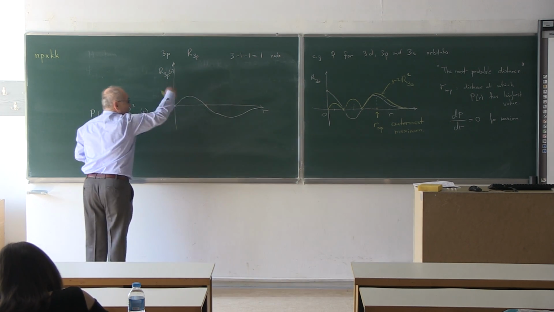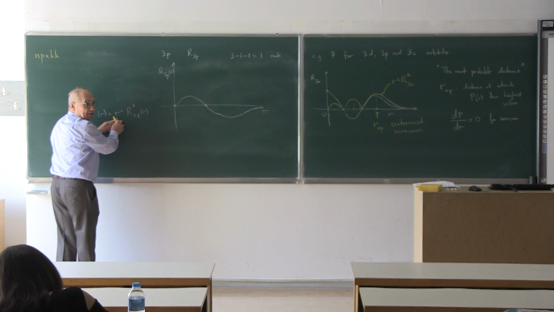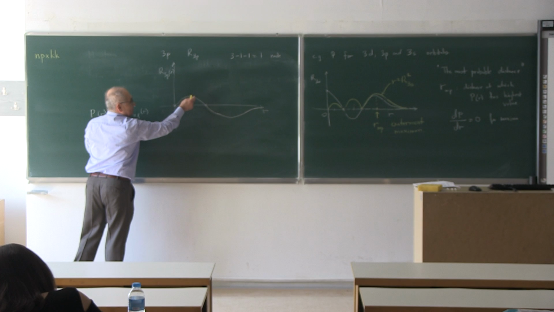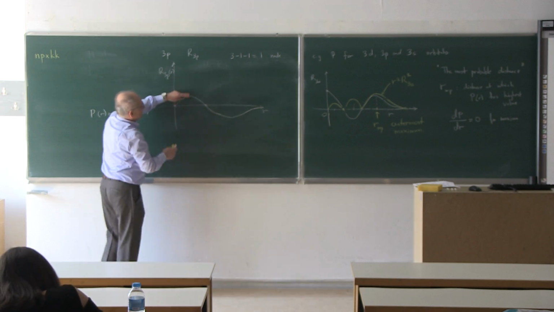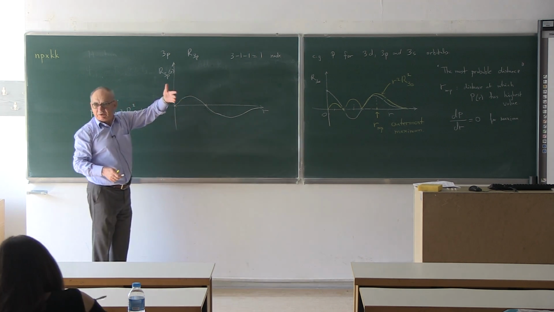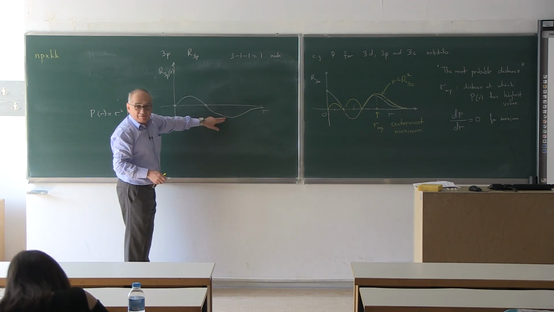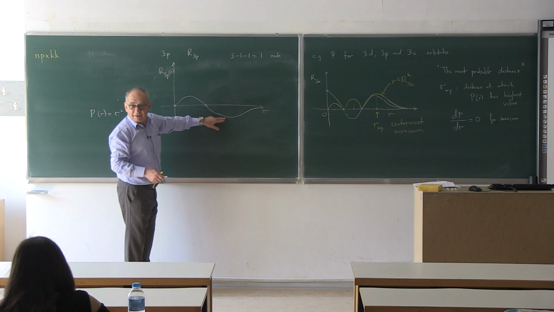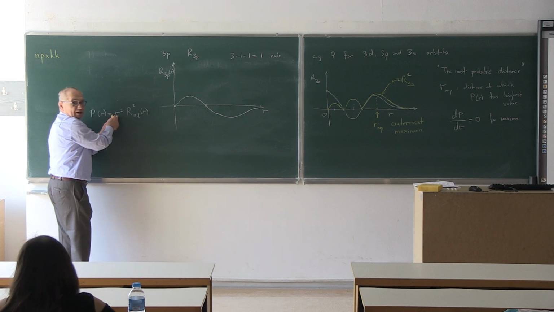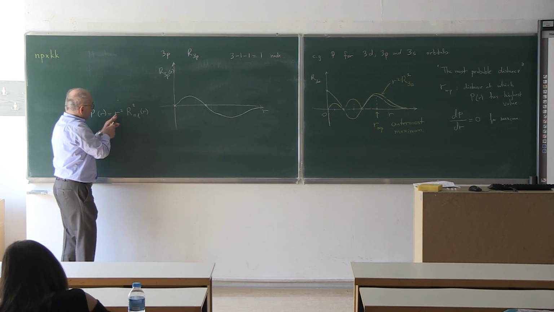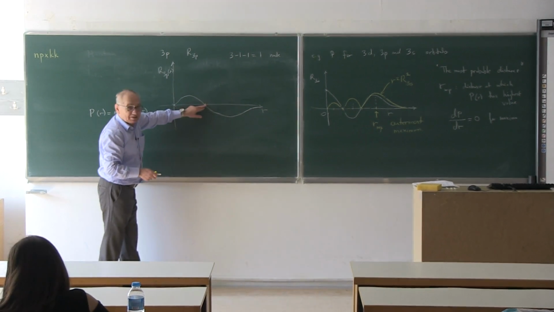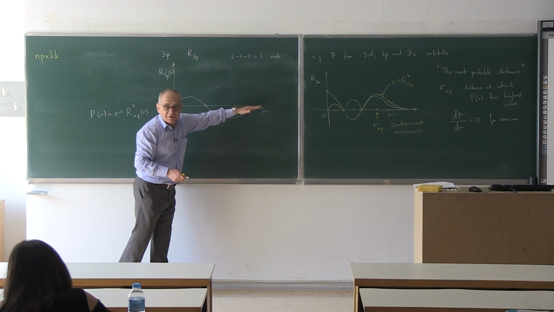Now, using this graph, we may plot the P. We are squaring each point here. The squares of the positive values are also positive, and squares of negative values are also positive numbers. We are multiplying with this r square, but r square doesn't change the position of this node or the 0 at infinity.